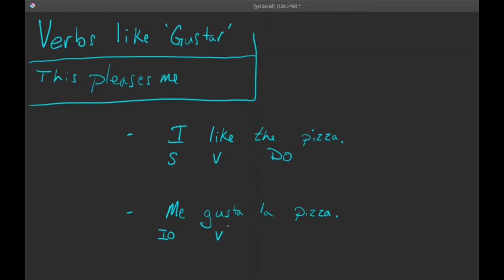Gusta, the literal translation, is to please, and then la pizza is our subject. So in English we have subject, I, verb, like, direct object, the pizza, whereas in Spanish we have me, indirect object, gusta, the verb, followed by la pizza, the subject.